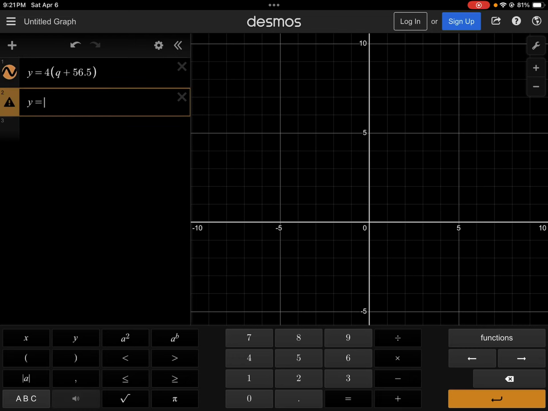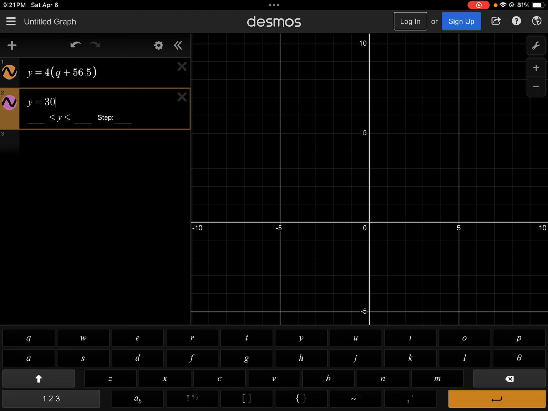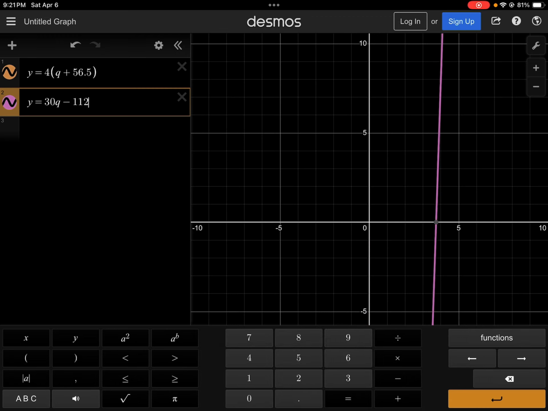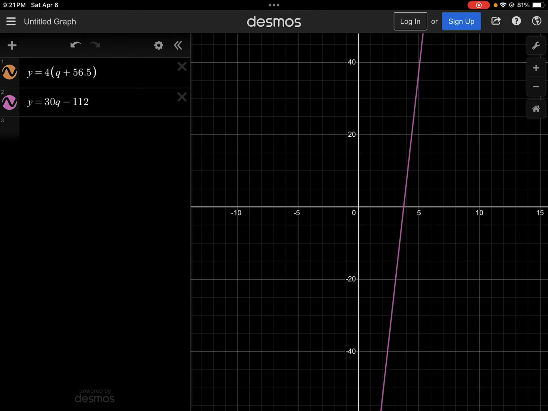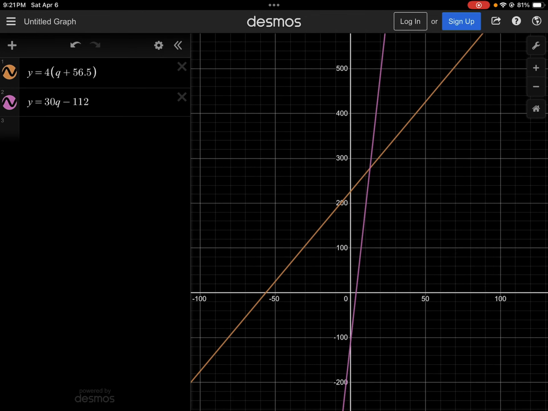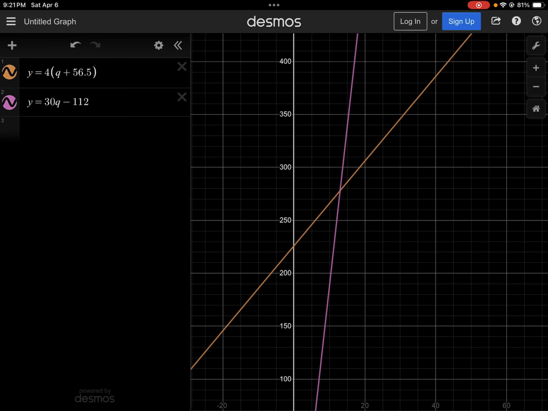That's the left hand side, and now I'm going to put the right hand side, which is 30q minus 112, and that's going to give me, where are they? Let's zoom out. Okay, here it is. There is an intersection, there is one solution, and which is the solution now, 13 or 278?